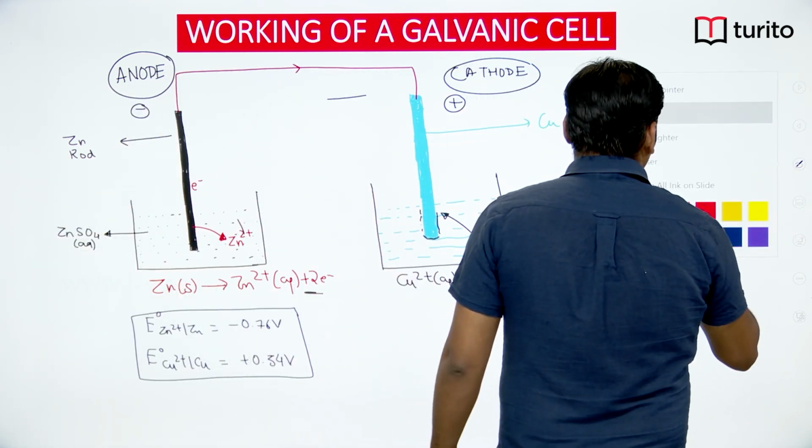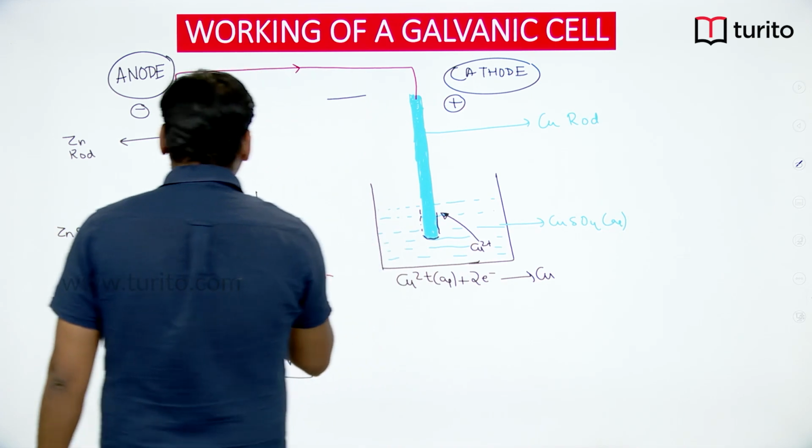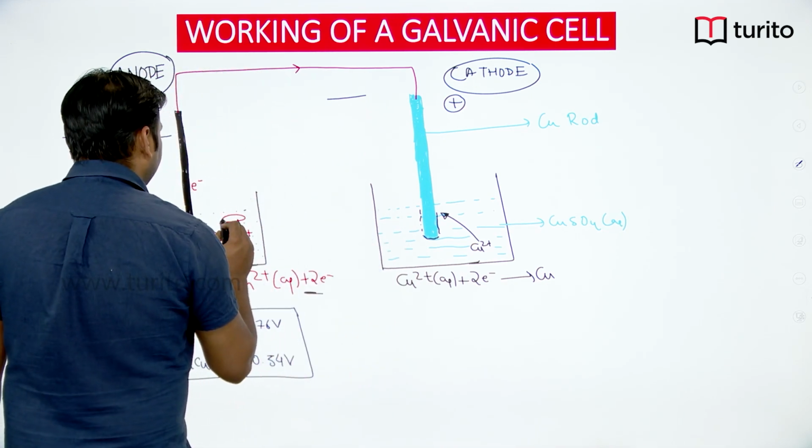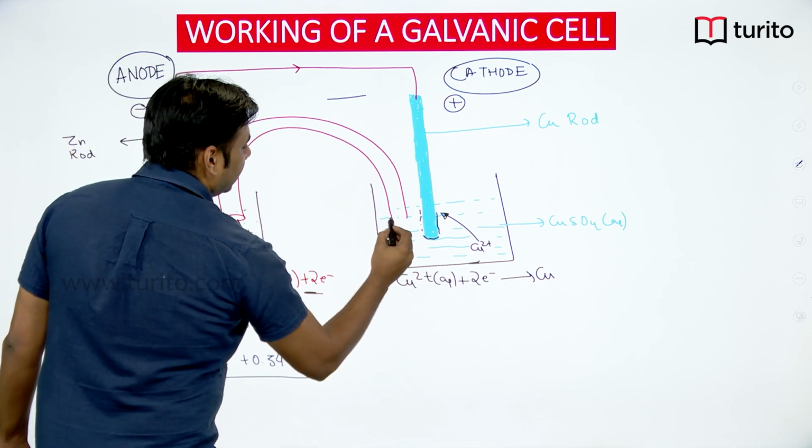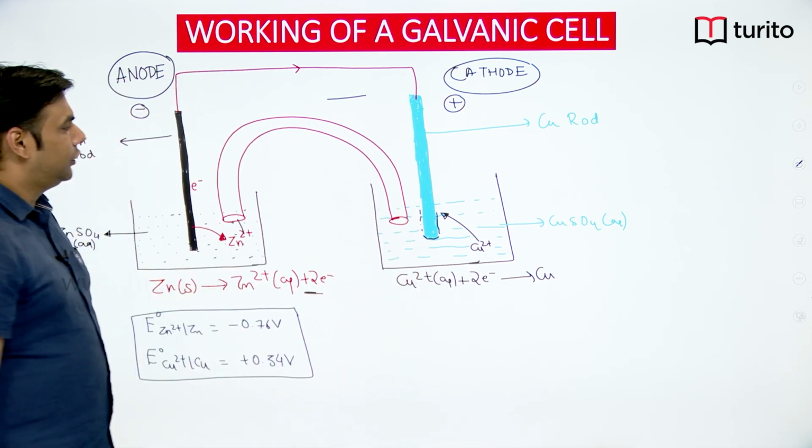A salt bridge is basically an inverted glass U tube.